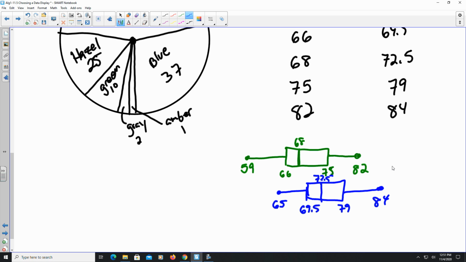Looking at this box and whisker plot, you can make the argument that the range of speeds in miles per hour is much greater in Interstate A than it is in Interstate B, just looking at our display.